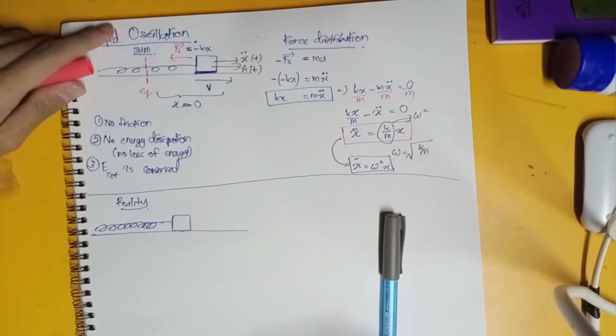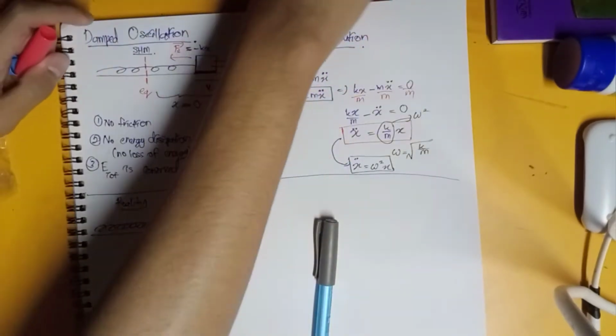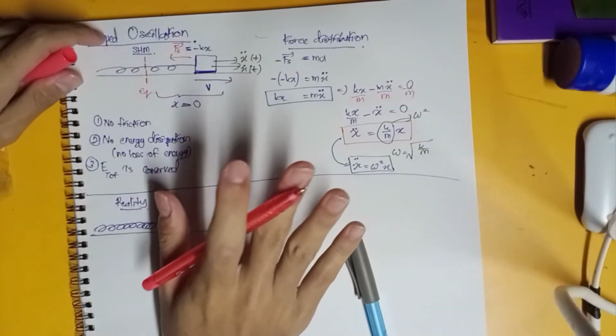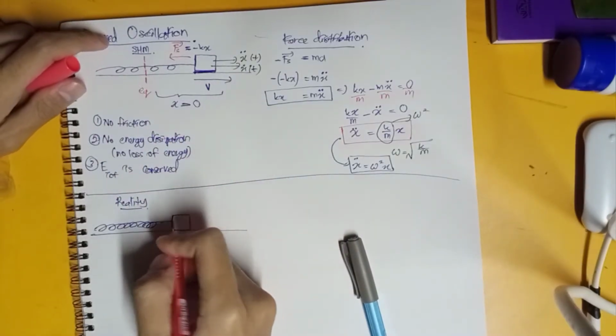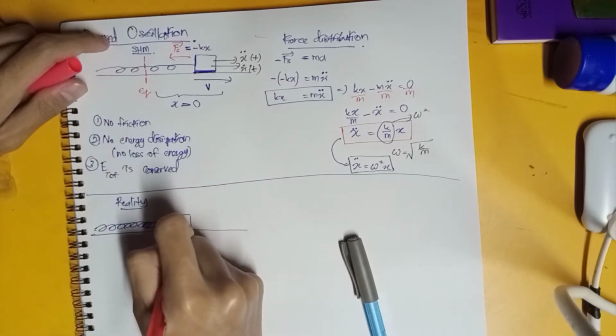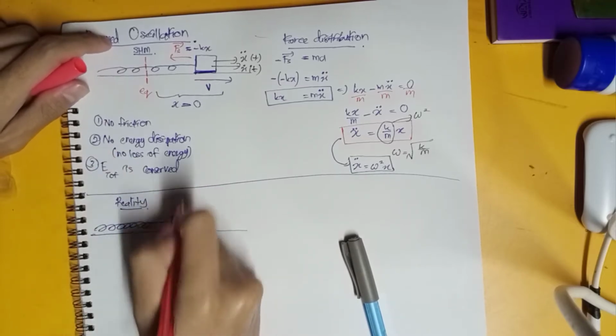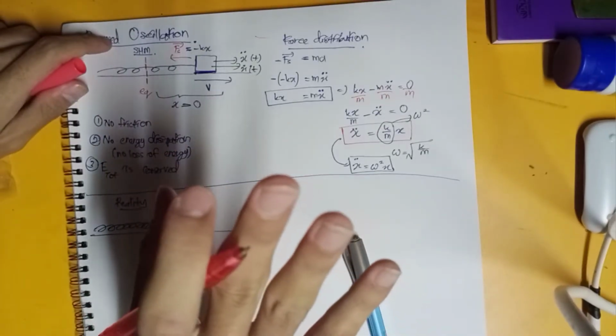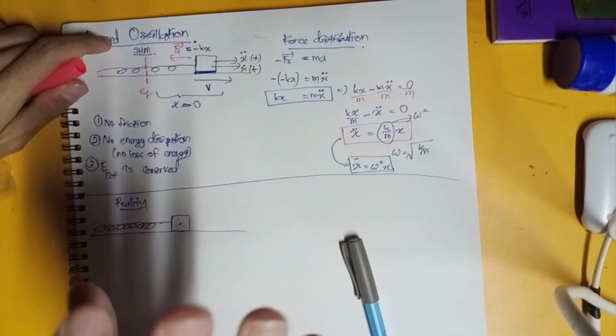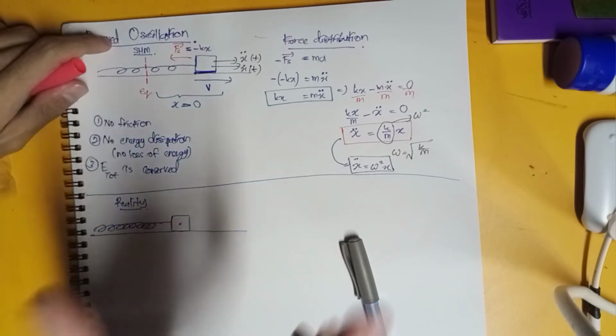In reality, we know that there is a frictional force. We have the wave shape as this one, but we're not going to touch the y component of the force acting on this object. We're going to look at the force acting in the x component.